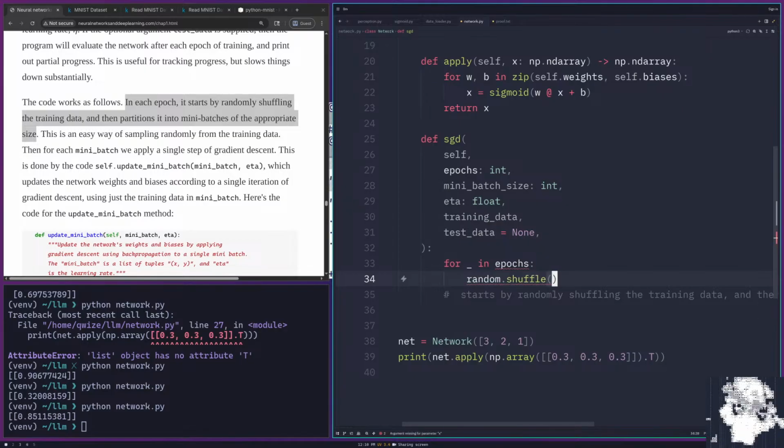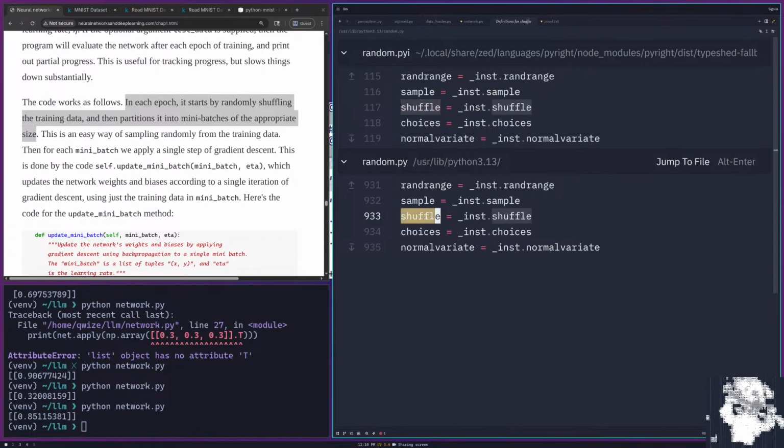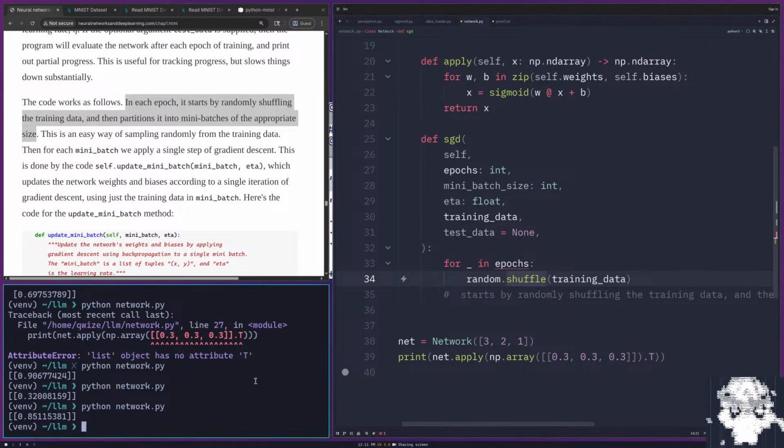Random dot shuffle the training data. Does this return itself, or does it make a copy or not? Let's check.